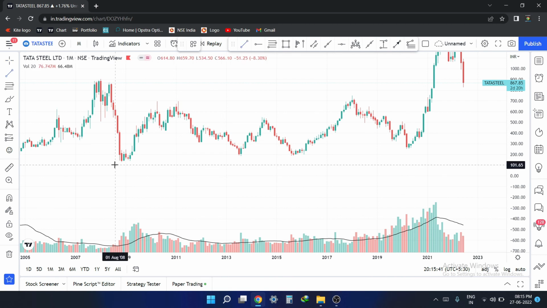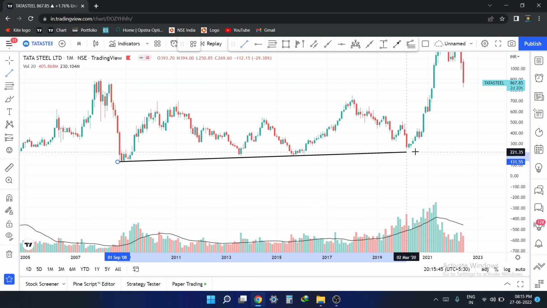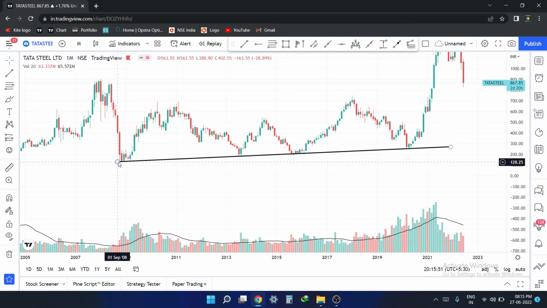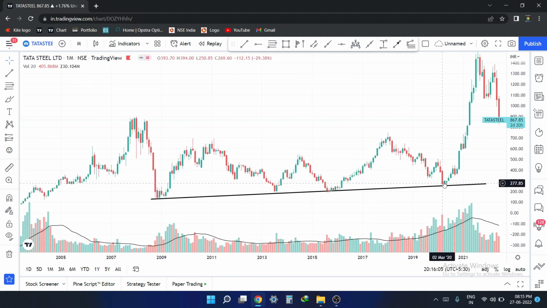You can see this one is approximately a too flat trend line. Yeah, this is a too flat trend line, which indicates that the trend is weak and is not likely to sustain, but it takes support from here and goes crazy.